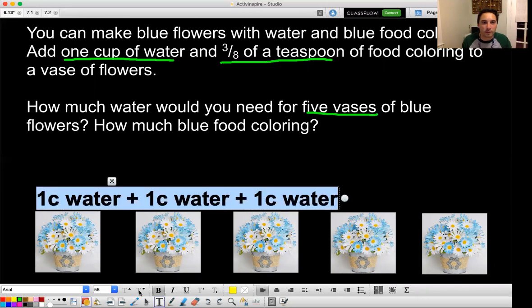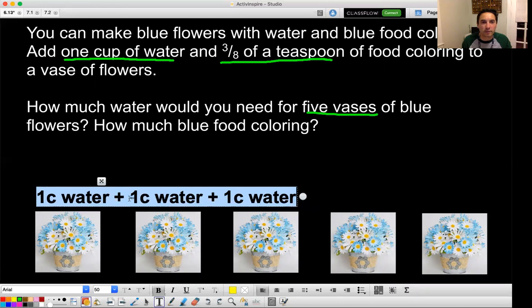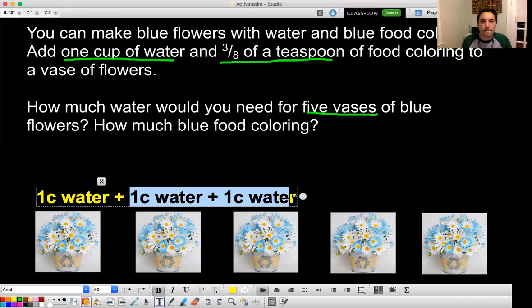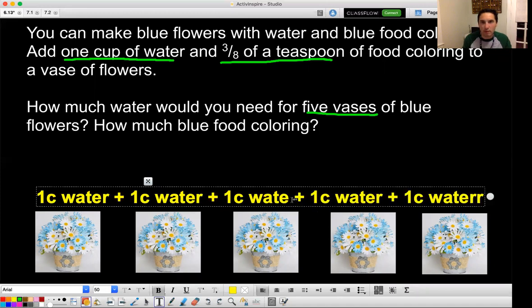Make this a little bit smaller, try to match up with the pictures a little more. Okay, 1 cup of water, 1 cup of water, 1 cup of water, 1 cup of water, 1 cup of water. Okay, so for 5 vases, we would need 5 cups of water.